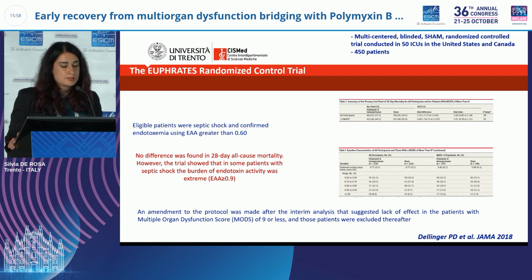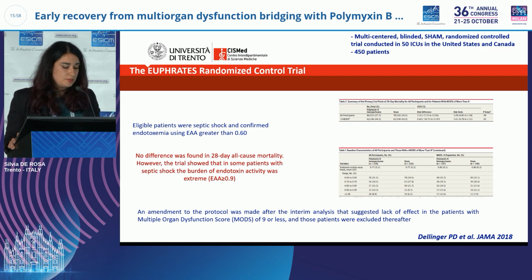The next study was a multicenter blind sham randomized controlled trial conducted in 50 ICUs in the United States and Canada, 450 patients. Eligible patients had septic shock and confirmed endotoxemia using an endotoxin activity assay greater than 0.6. No difference was found, but the trial showed that in some patients with septic shock, the burden of endotoxin activity was extreme.